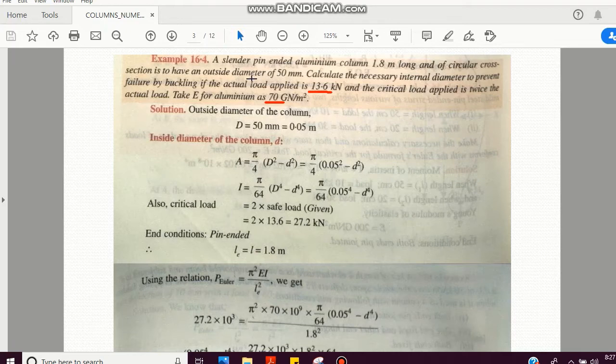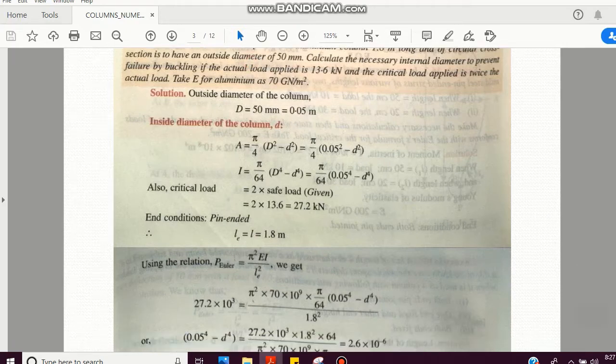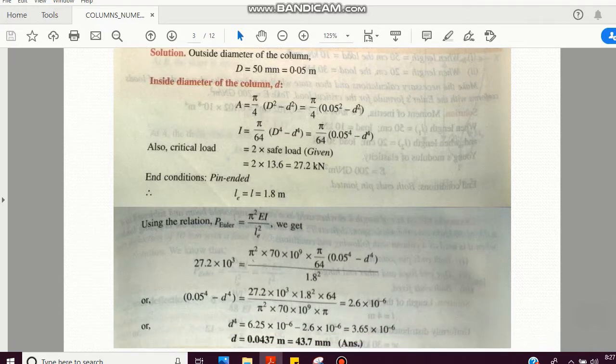So we have to calculate the internal diameter. The outside diameter of the column is 50 mm, which is given, that means 0.05 meter, and we are assuming the internal diameter as small d.